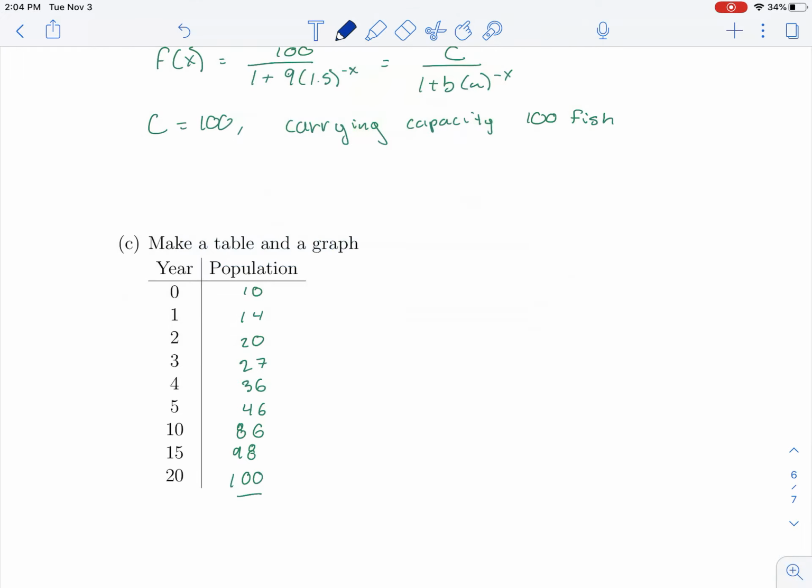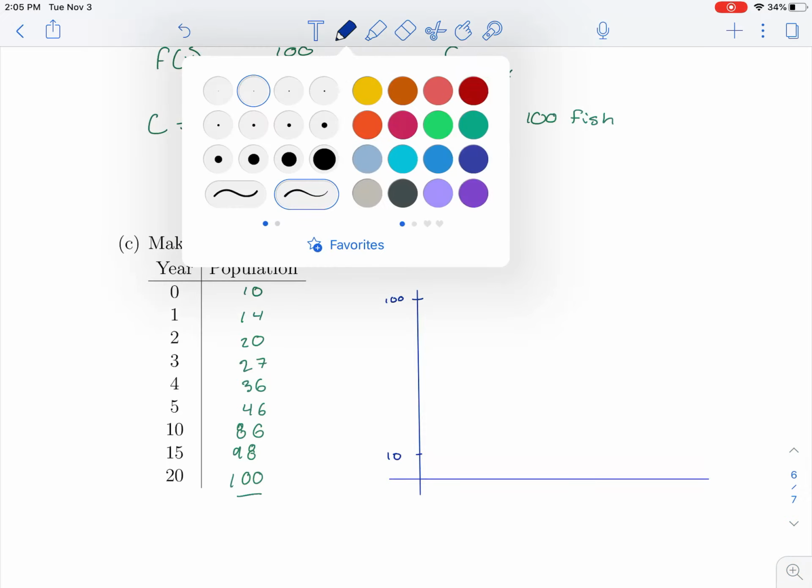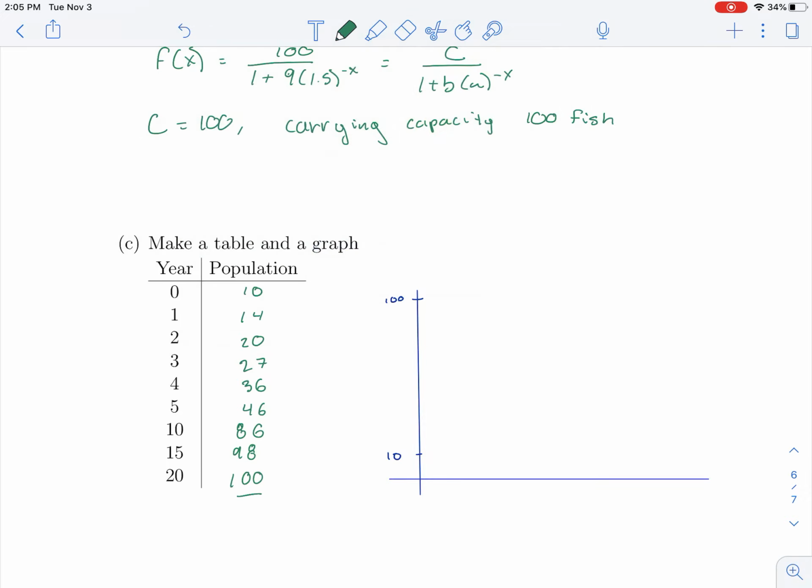So if I draw my graph, and who's to say we can't have 100 fish? Right, we can only have whole numbers when we're talking about fish.